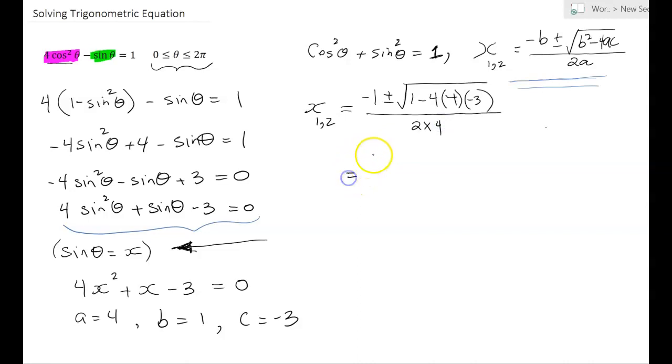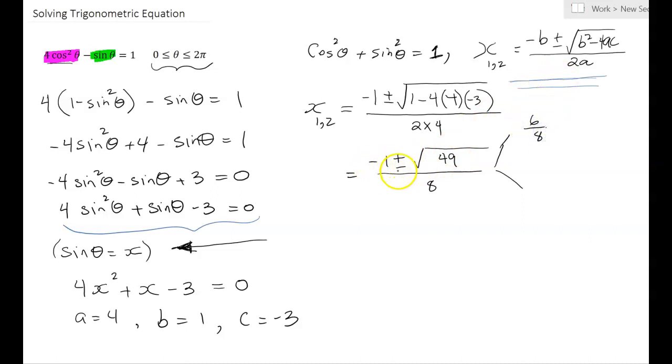Excellent. Let's simplify. So negative 1 plus or minus the square root of 1 plus 48, that's 49, all over 8. What are the two possibilities we have here? The first one is negative 1 plus 7, so that would be 6 over 8.